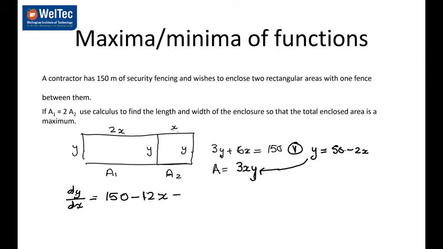Make it equal to 0 for your max or your min. And you'll find that x is equal to 12.5 meters.